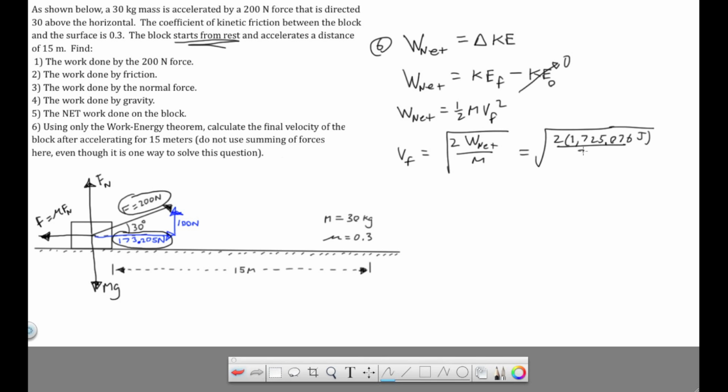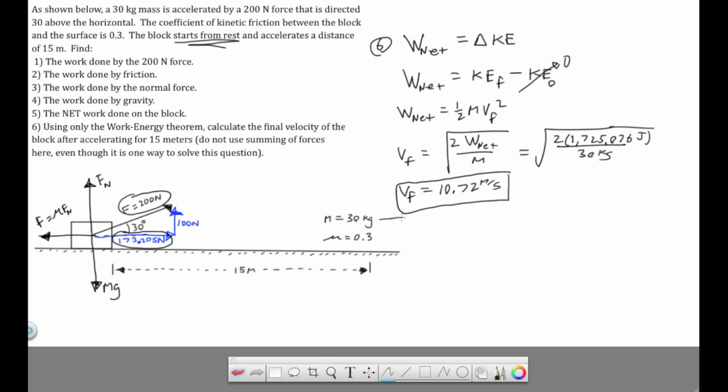And the mass of the block is 30 kilograms. So this gives us a velocity final of 10.72 meters per second.